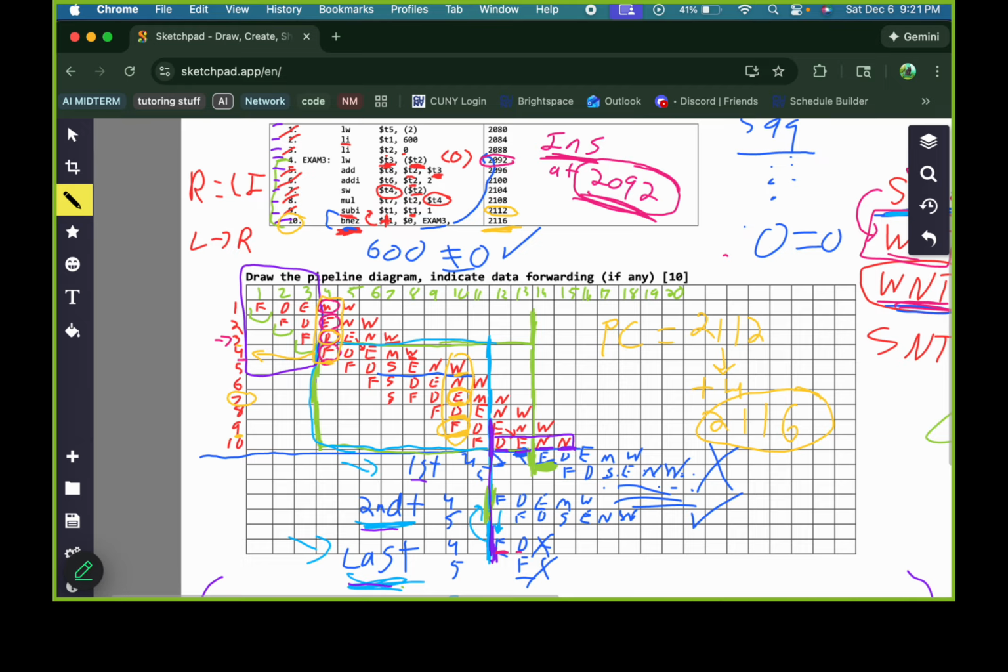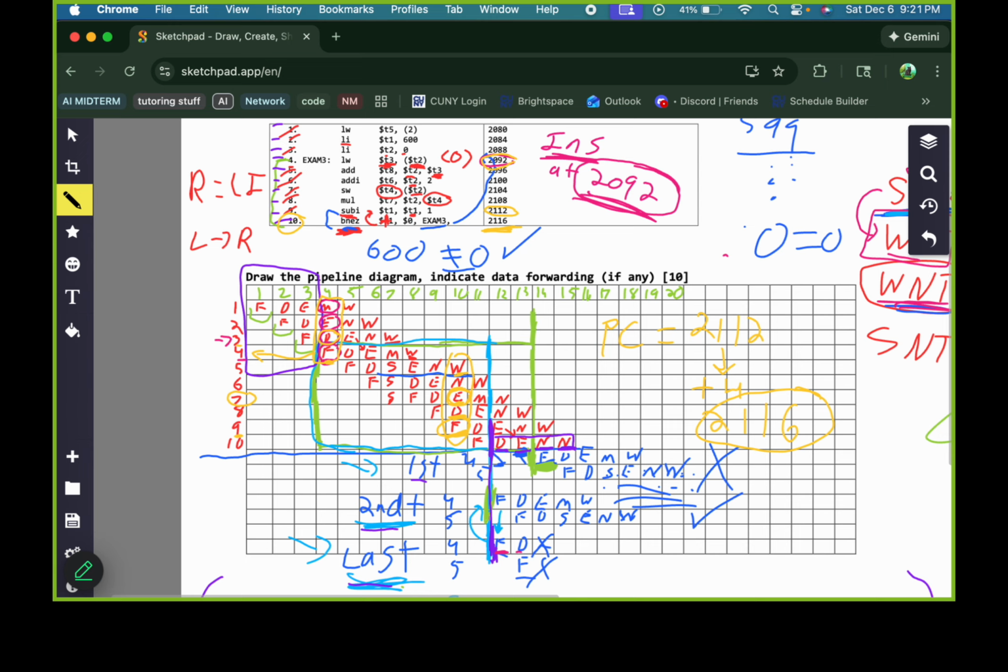What happens with the MDR during our fetch? Well, we know that the MDR is responsible for bringing the instruction's data back, right? So we put our program counter on the address wire. We go into our memory, take the instruction that's located at whatever address it is. Instruction 4 is looking at 2092.